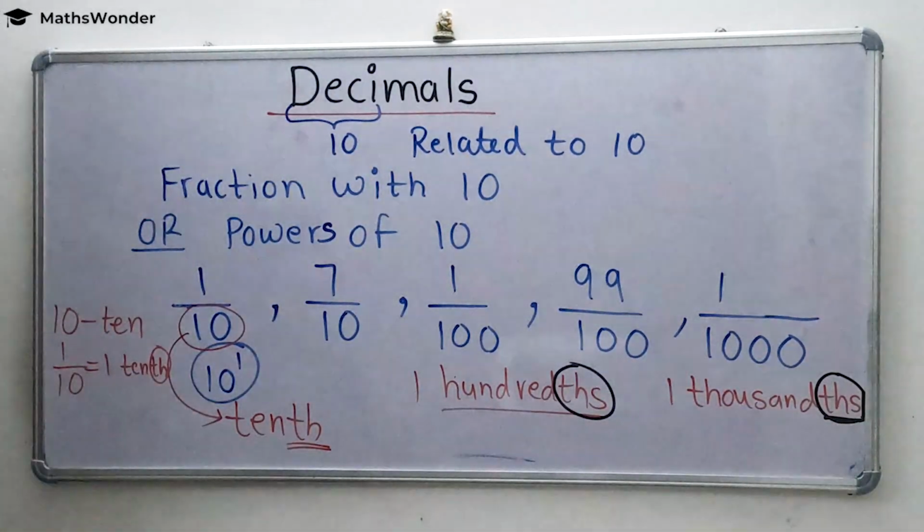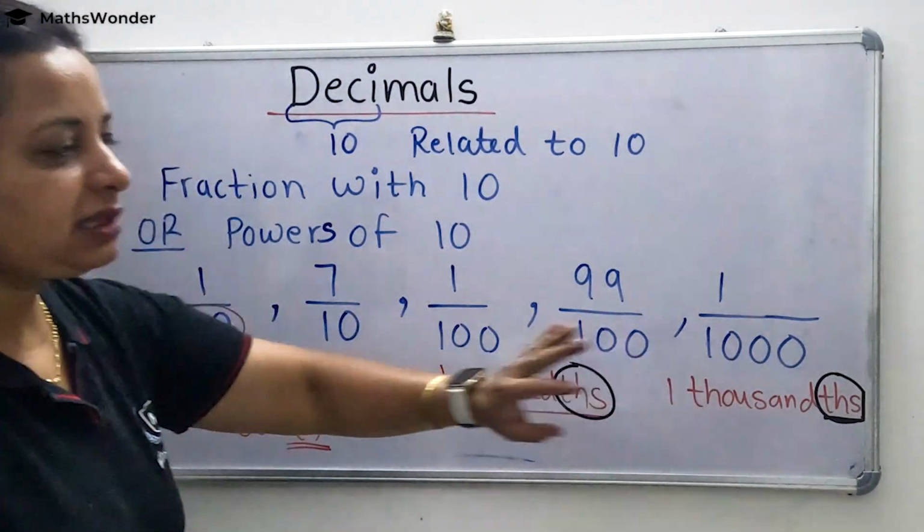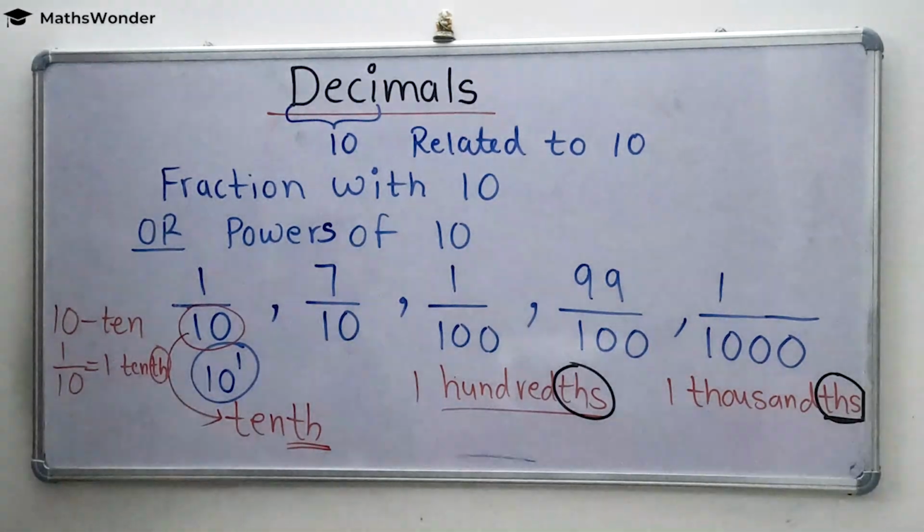Understood? And so on, if 10,000, millions, lakhs, whatever, you can read it like this accordingly. So tenths, hundredths and thousandths. TH stands for when your number is in the denominator.